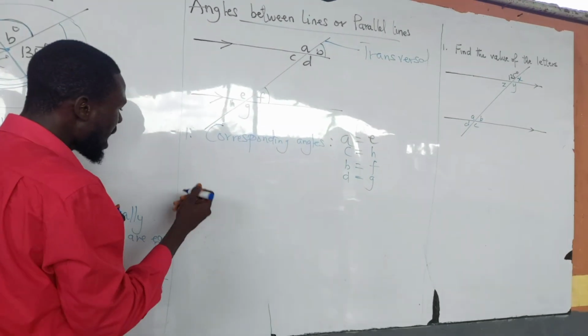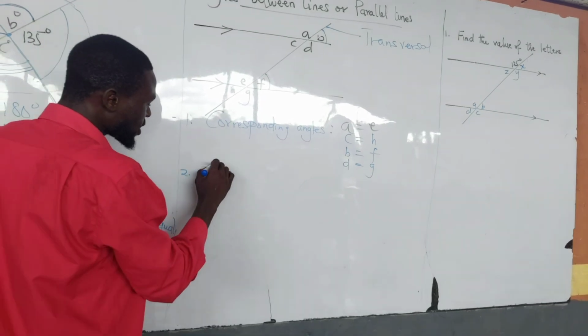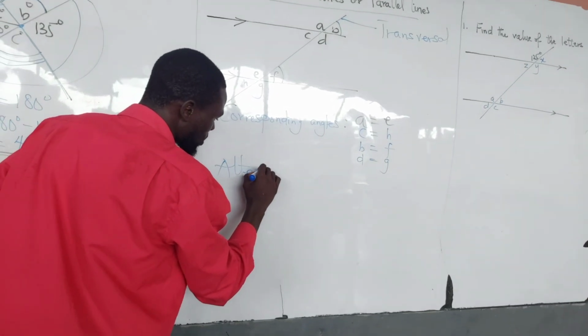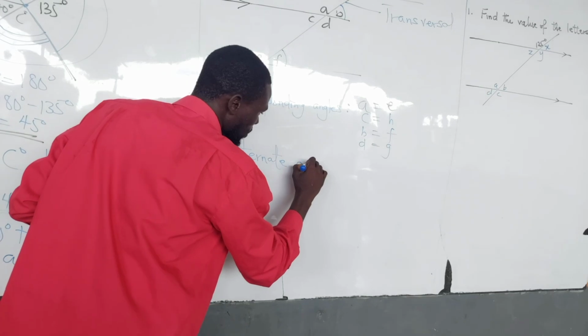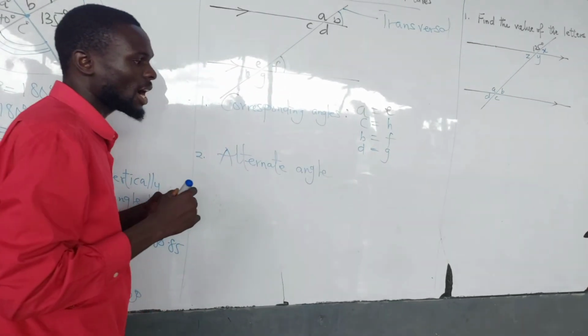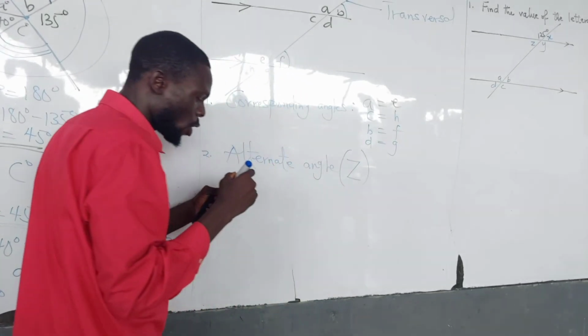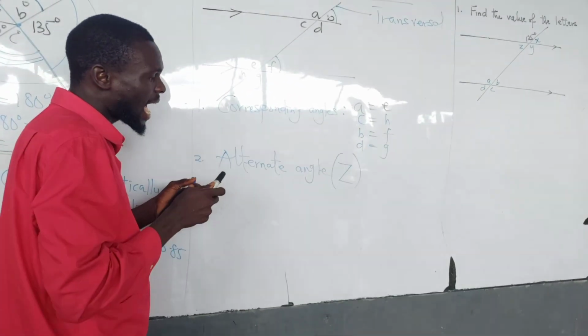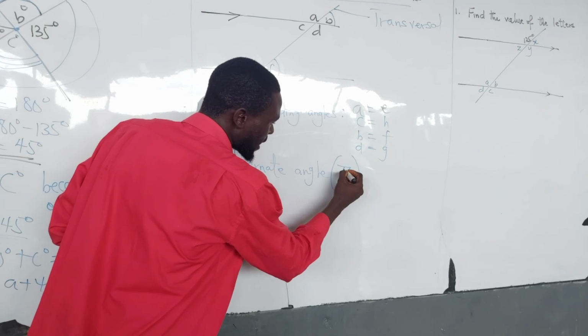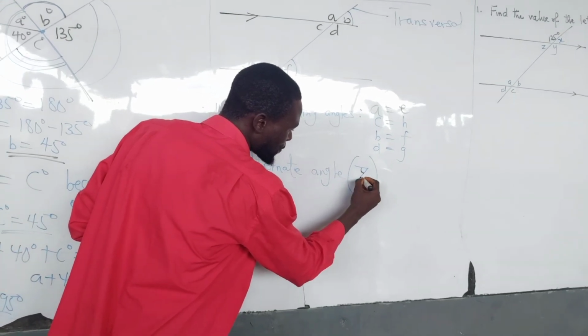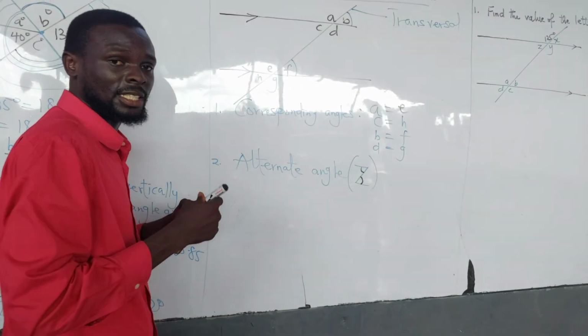Then we have the second type, which is alternate angles. Now with the alternate angles, we take the angles to be in a form of Z, where the angle formed at the corner here is equal to the angle formed at the corner here, or at the vertex there.